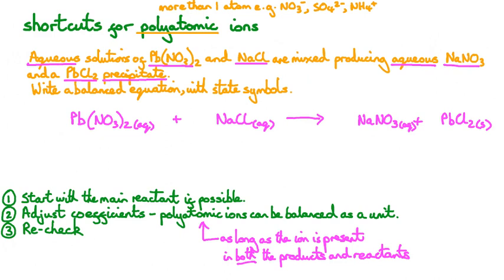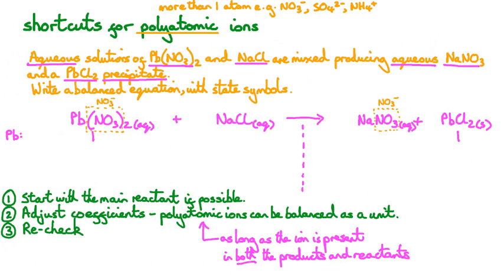So let's set up our table for counting the atoms. Our most complex reactant is of course our lead nitrate, so let's begin there. We have one lead atom on the left and one lead atom on the right, so for now our lead atoms are balanced. Next, our shortcut can come in handy.